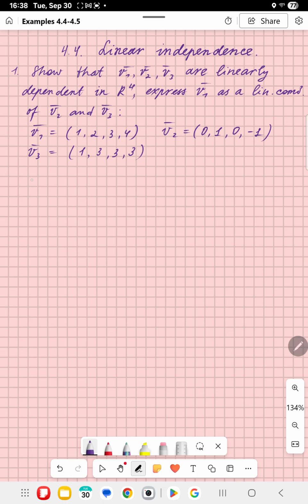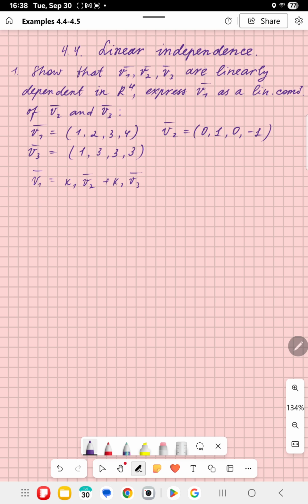So what we'll need to do is express v1 as a linear combination k1 v2 plus k2 v3. Well, I'm going to actually write down vector v1 over here.